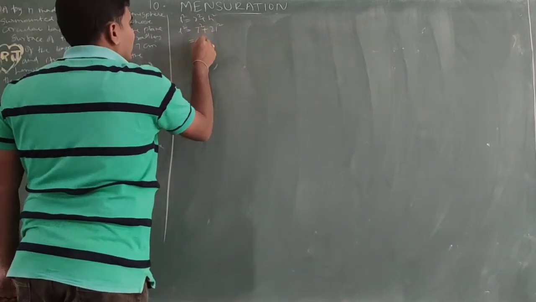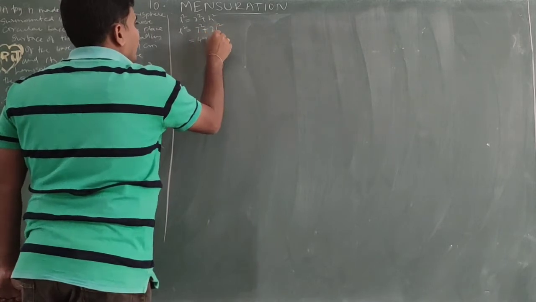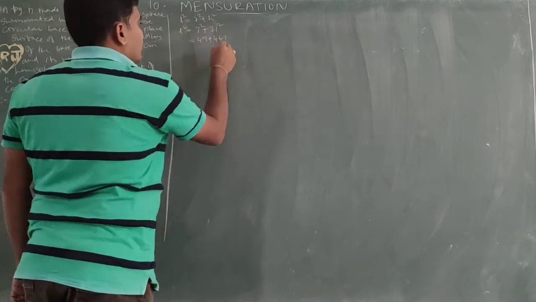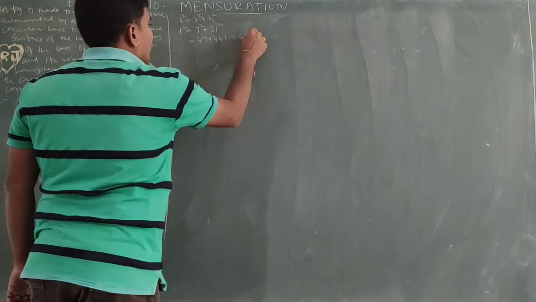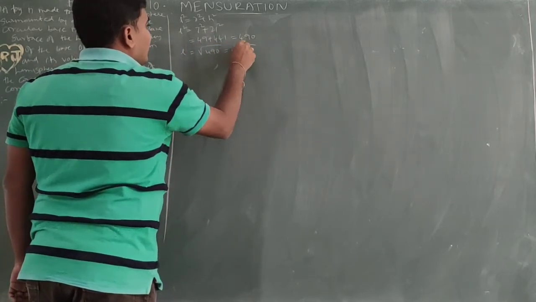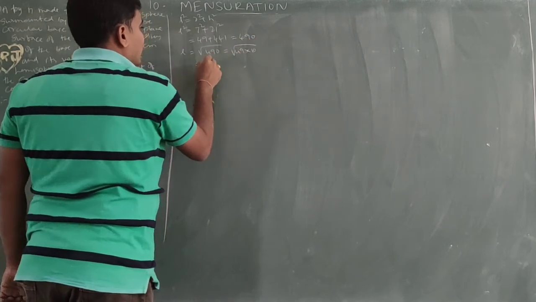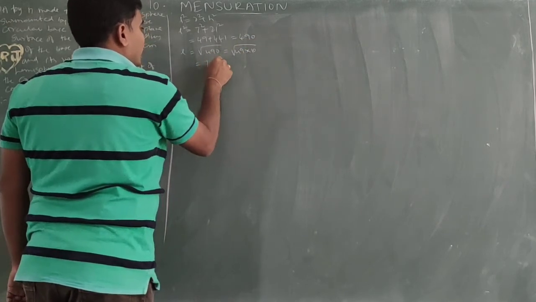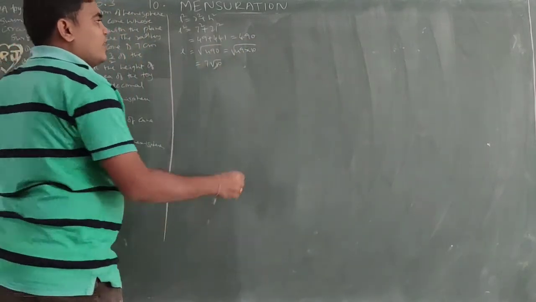So 7 square is 49, plus 441, equal to 490. So l equal to root of 490, equal to root of 49 into 10, so 7 root 10. Root 10 we need to calculate.